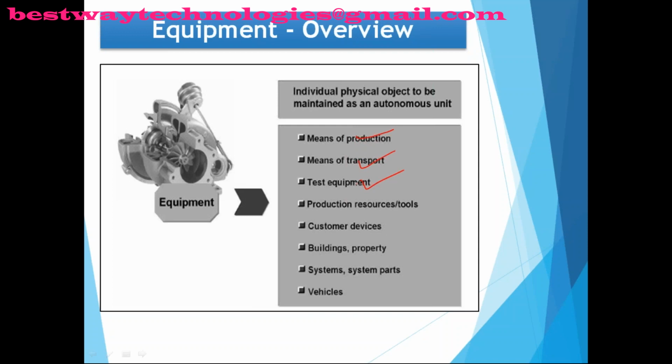And then PRTs, the tools which are used in production, are also termed as equipment. Customer devices, buildings, vehicles, all those are termed as equipment. So basically it is an independent, individually maintained autonomous unit, that is called equipment.